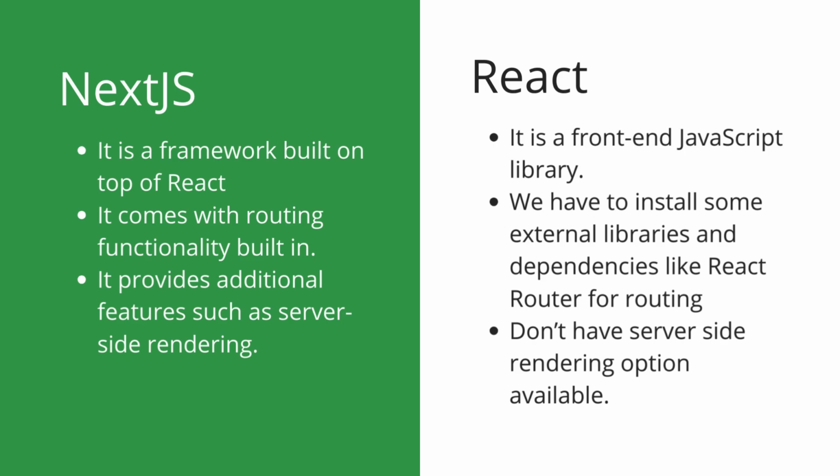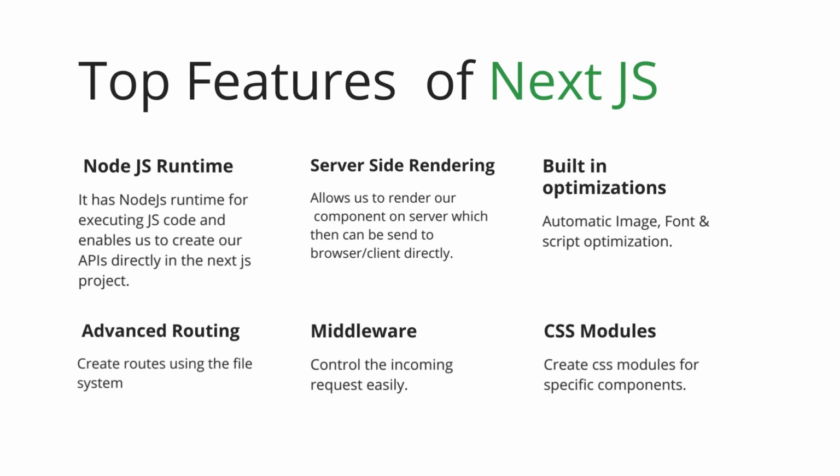Next.js also comes with certain tools which help us create our app. Like it comes with a compiler which transforms and minifies JS code, and we also have the Node.js runtime available to us that executes our JS code on the server, and we can also create our APIs directly in the same project.